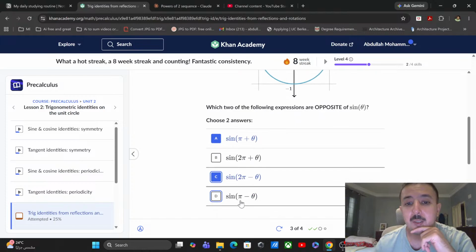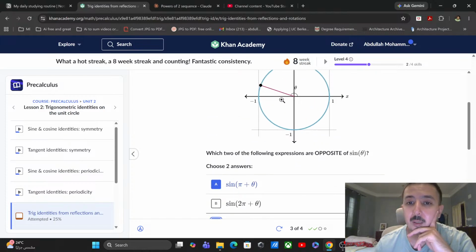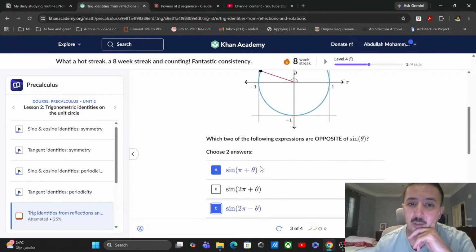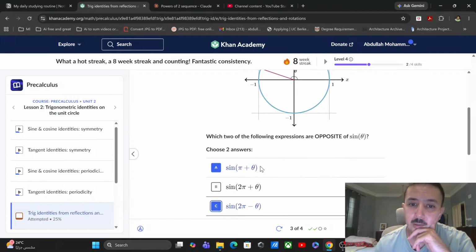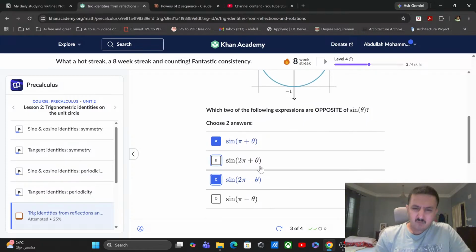And sine pi minus theta. No, I don't think so. So I'm going to go with this. I'm going to go with this too. Pi plus theta.